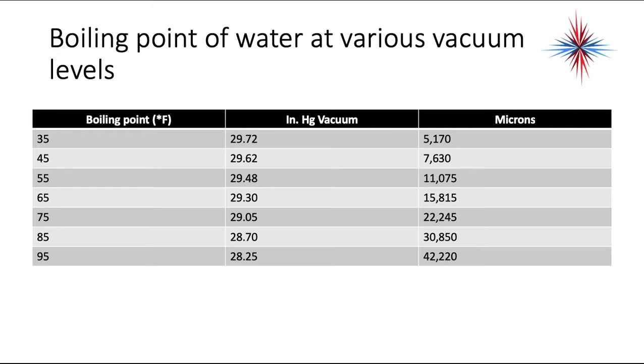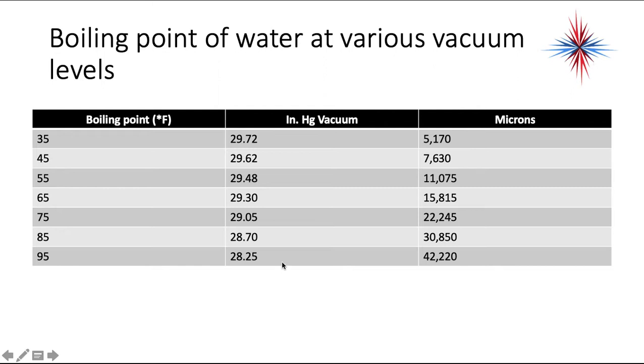Okay, so when we take a look at the boiling point of water, the higher the microns, basically the less of a vacuum. So when we first start, remember, water boils at 212 degrees Fahrenheit. So when we begin to put the system in a vacuum, as we lower the vacuum, we lower the boiling point of water.